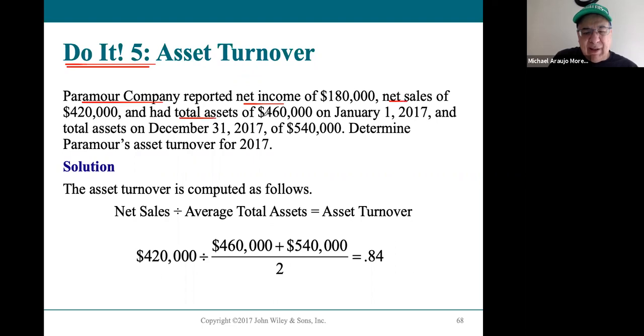Total assets of 460 at the beginning of January, 540 at the end. So here you're going to average these two numbers to get your average total assets. And they want to know what's the asset turnover. Well, again, net sales divided by average total assets. So your net sales are 420,000. Your average assets would be around 500,000. So your asset turnover rate, 0.84.